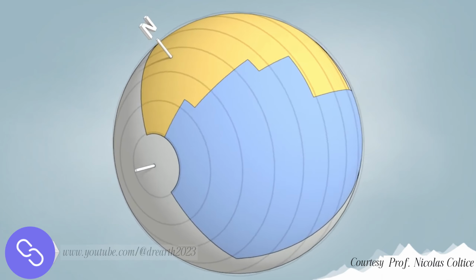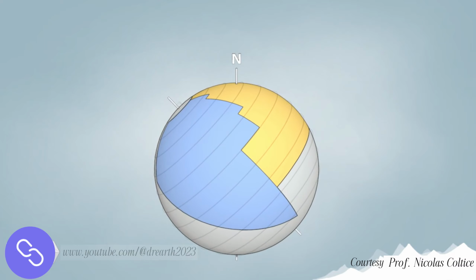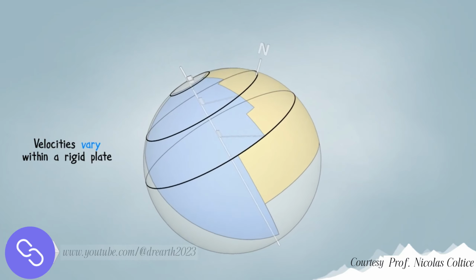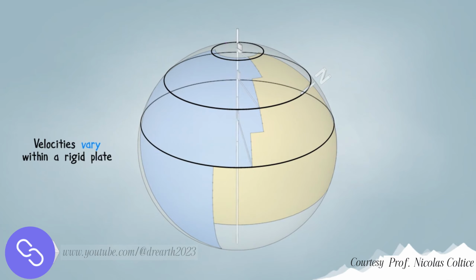So the velocities of these plates are varying. Sometimes it is fast, sometimes the plate movement might be slow. But don't get me wrong, these velocities are not like the velocity of your average car, which is maybe 50-60 km per hour.